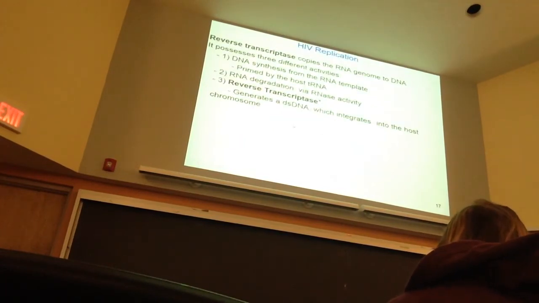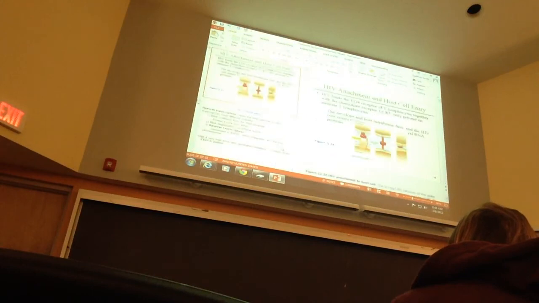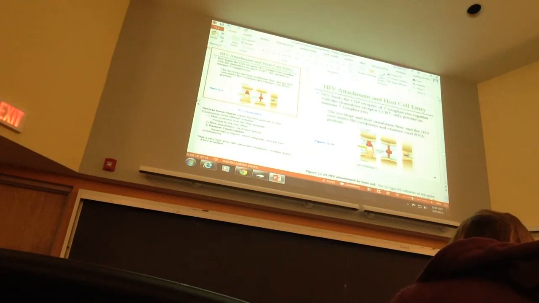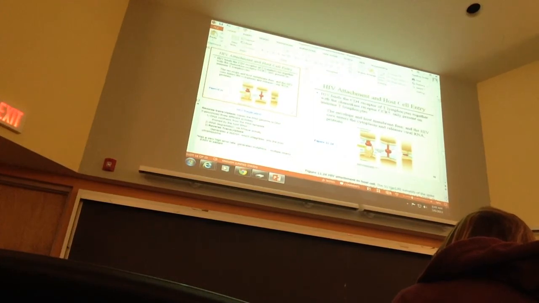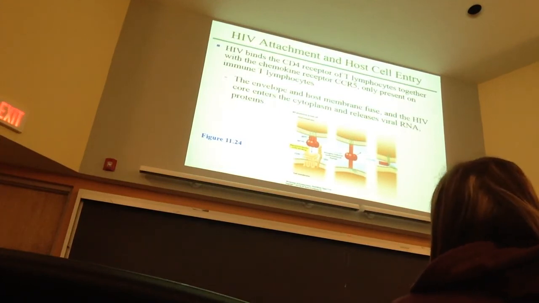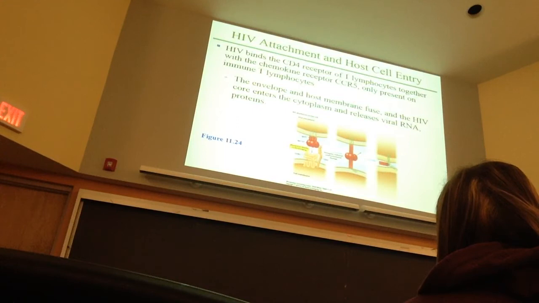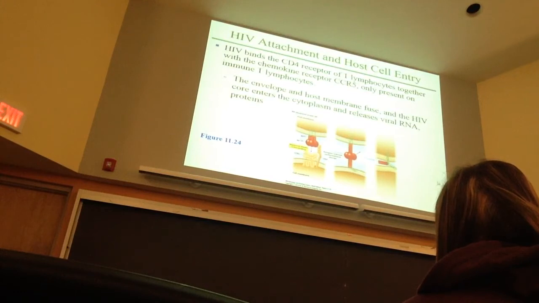This causes a fusion event between the viral surface and the human cell, and then the HIV core enters the cytoplasm, releases the viral RNA, and reverse transcriptase. Okay, so there is your initial attachment step using that glycoprotein GP120 and then CCR5 CD4.